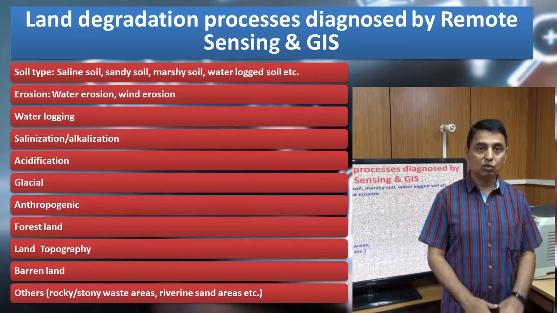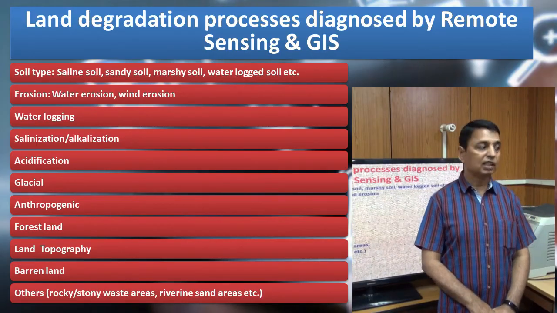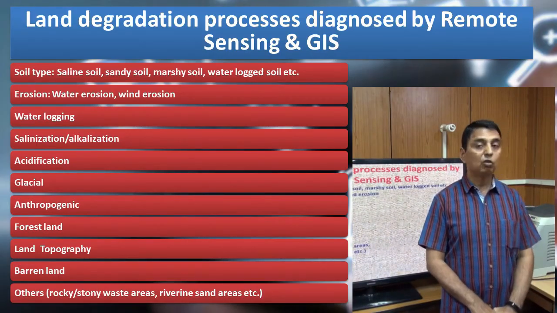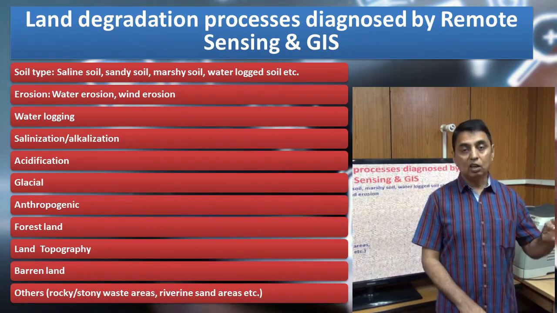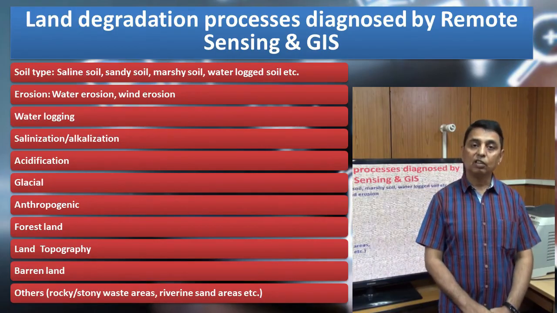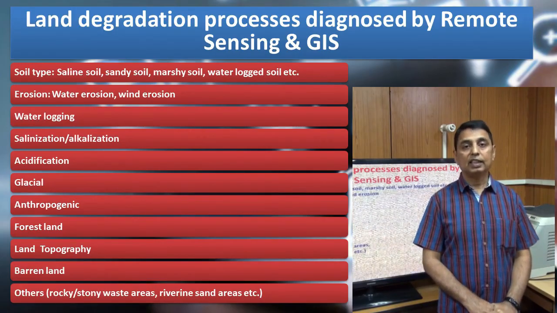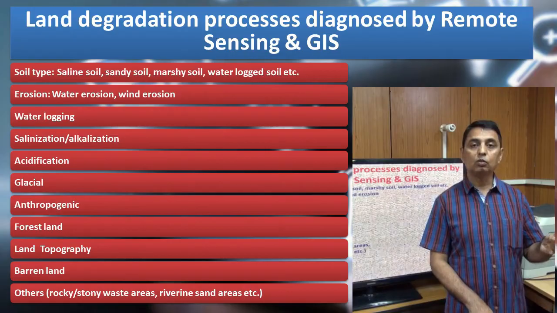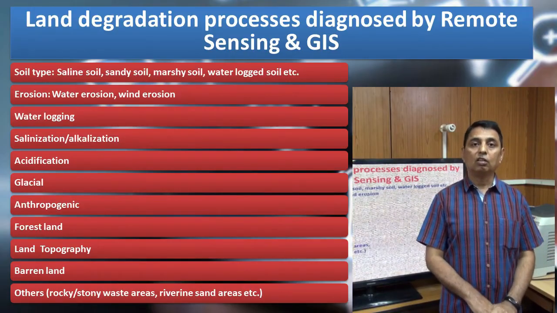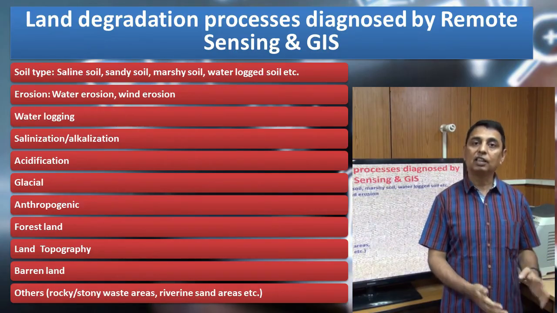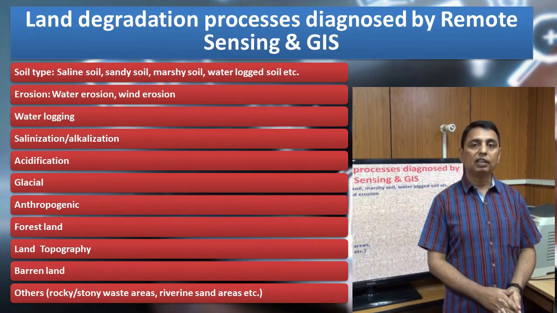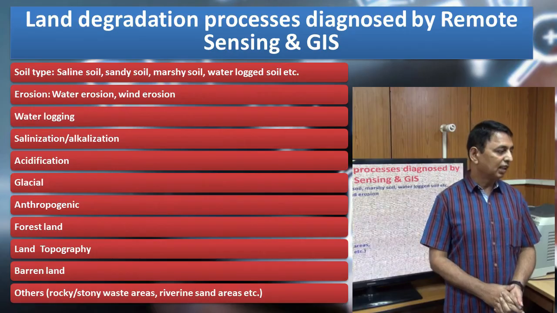Forest land can also be estimated through satellite data, remote sensing data. Land topography: if undulation is there, how much undulation is there can also be analyzed, and whether that undulation is suitable for crops, forest land or grassland can also be calculated by remote sensing data.